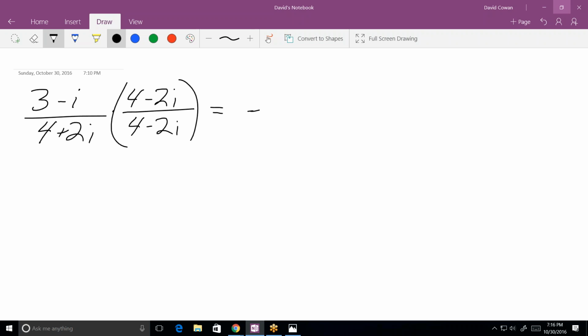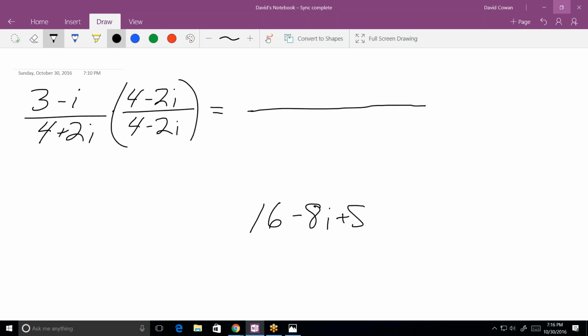Now, do the bottom first. I'll show you what happens. What do you get when you FOIL the bottom together? You get 16, negative 8i, and then 8i.